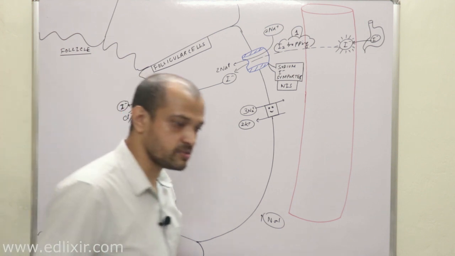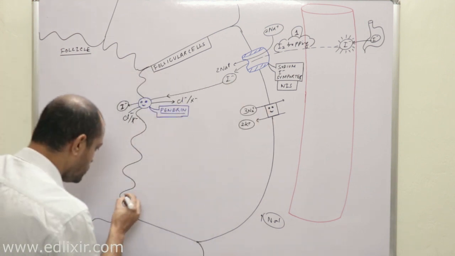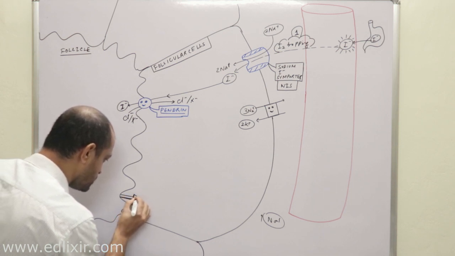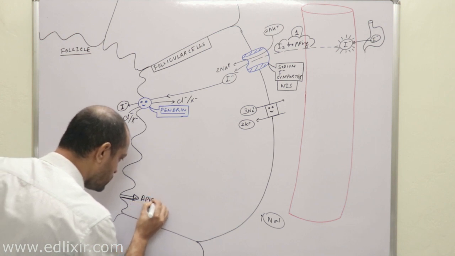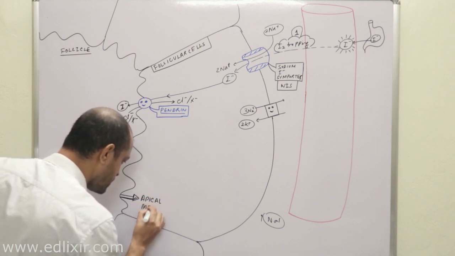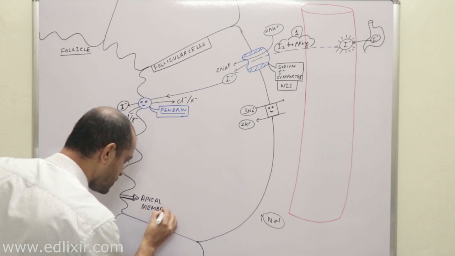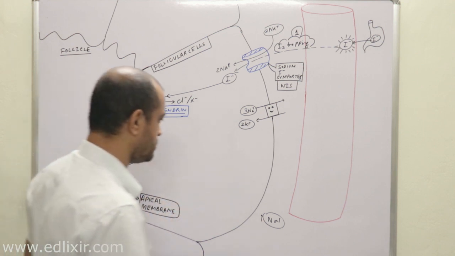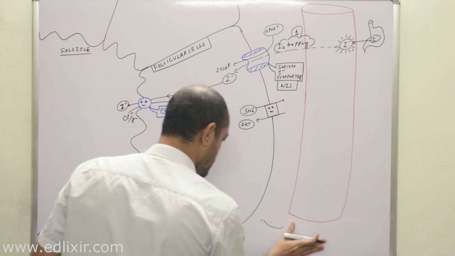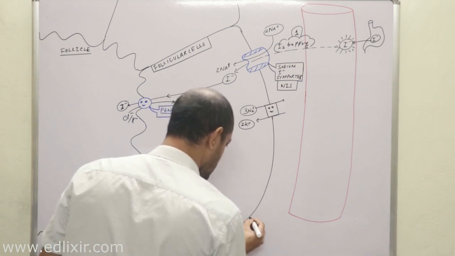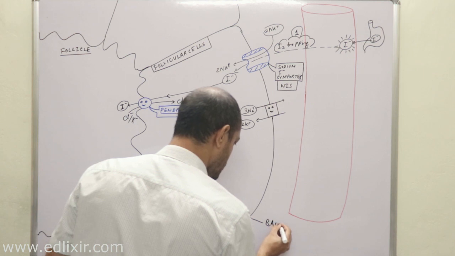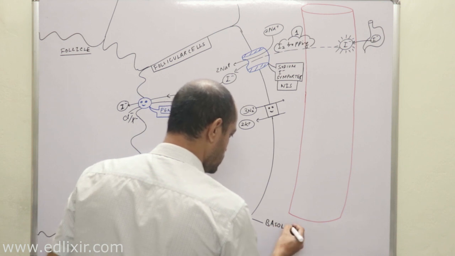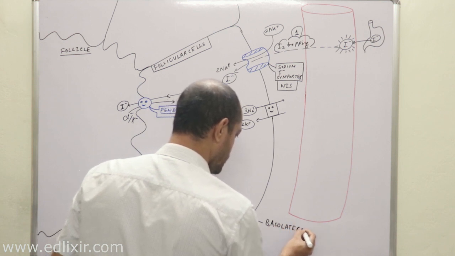Now what is the apical membrane and what is the basolateral membrane? If I tell you that this is the apical membrane and you are confused, listen with all your attention. How to determine which is the apical membrane and which is the basolateral membrane?